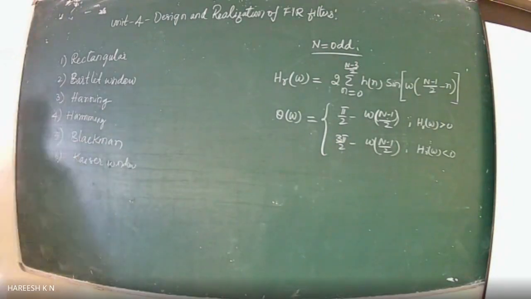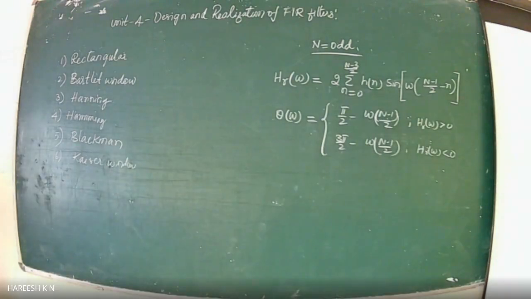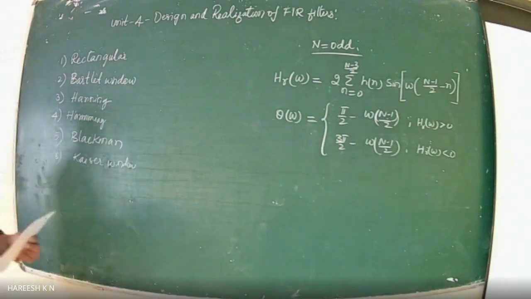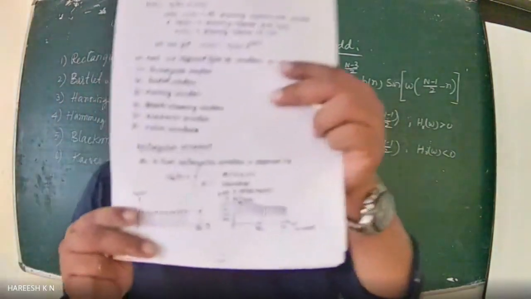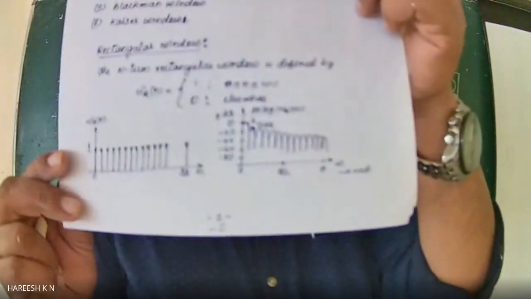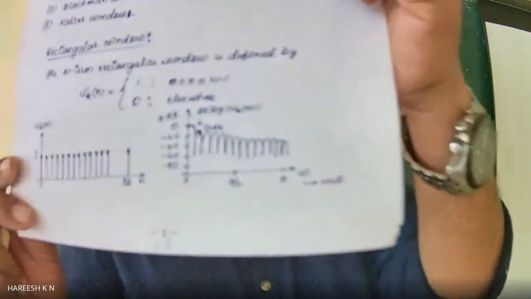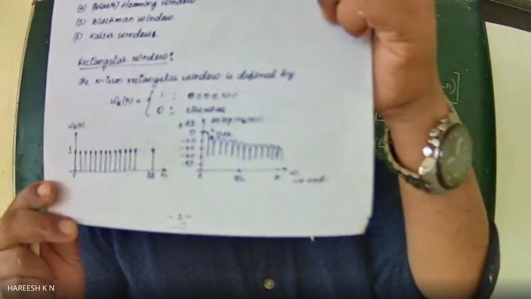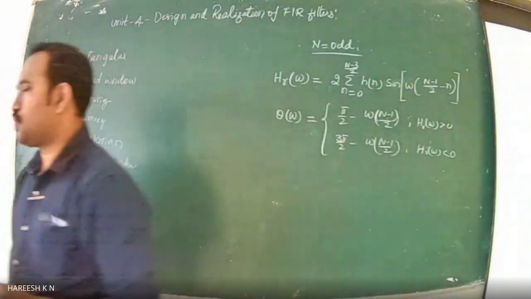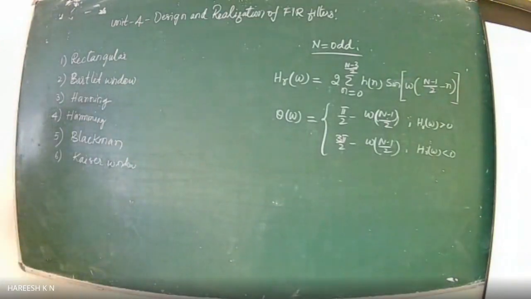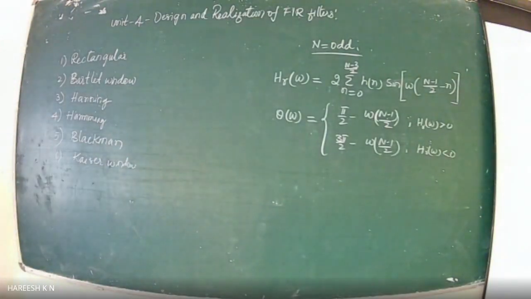I'll try to show you the window that we are talking about. The rectangular window will be like this. I hope it is visible to all of you. Anyway, I'll be sharing these notes with you so that you can study with respect to a particular window.